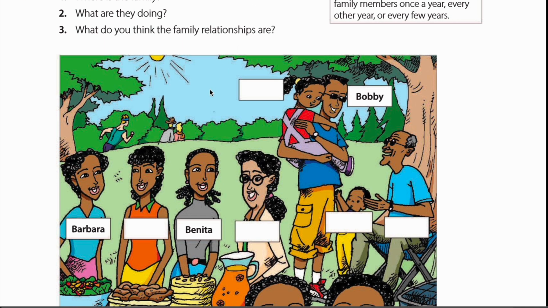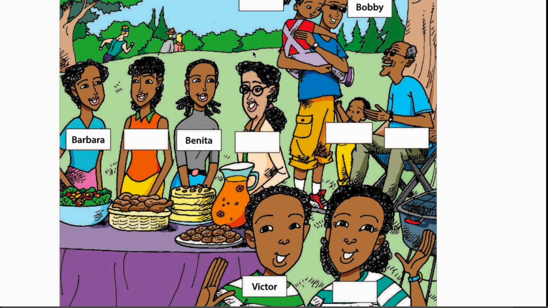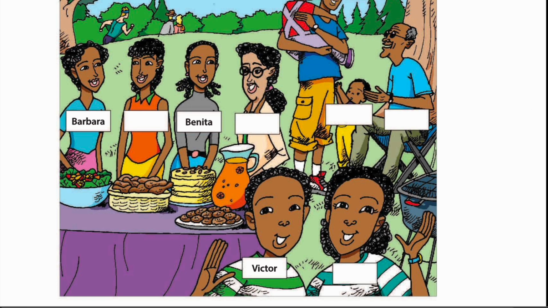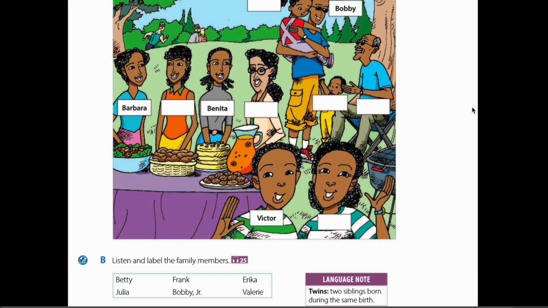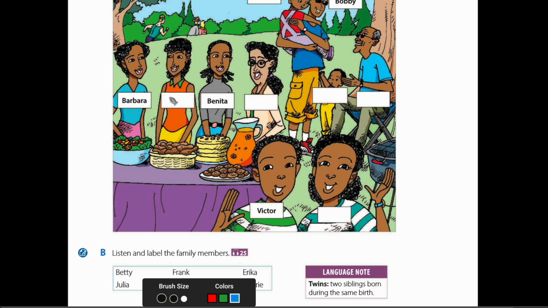So this family is at the park, and they're all doing different things. So here is the picture of the family. Now you're gonna listen and you're gonna label the family members. You're gonna write the names of the persons here in these boxes, okay?